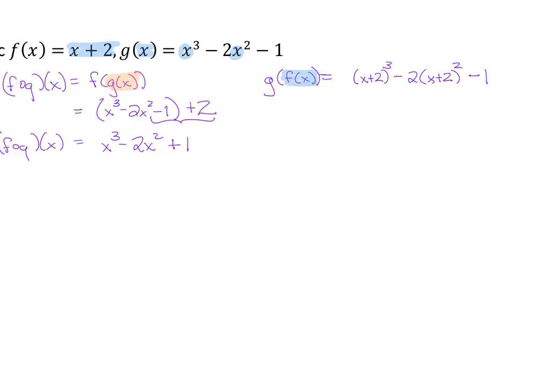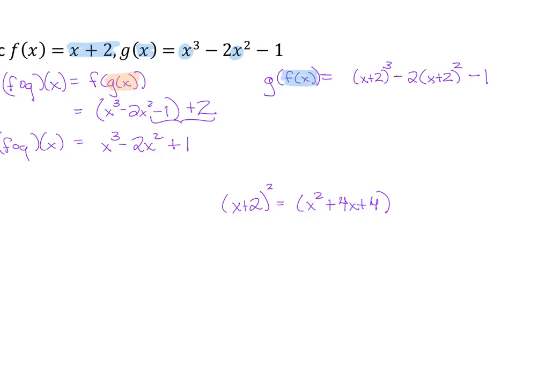And I'm going to say you can go ahead and leave it like this. But just to show you kind of what happens if we do try to simplify it. Well, if we try to simplify this, we're going to go ahead and start with x plus 2 squared. All right, this is x squared plus 4x plus 4.